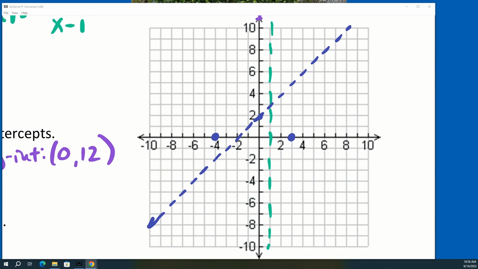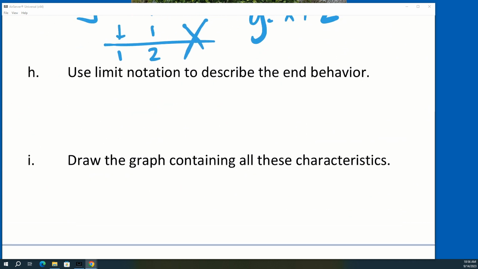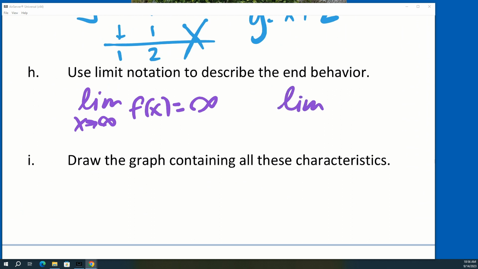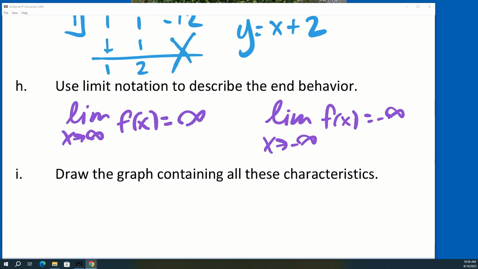And then I can just use that line to describe the end behavior on H. And then I can draw my branches.